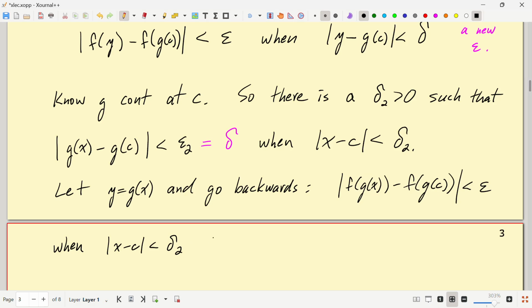And I guess I should say that x is in A. So it's just a matter of keeping track and using the next epsilon to be a delta.